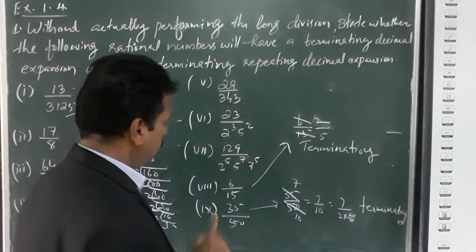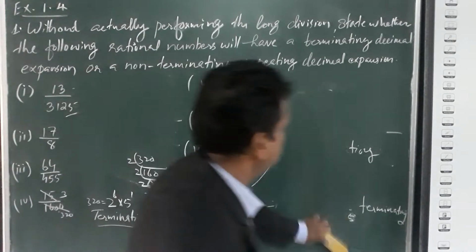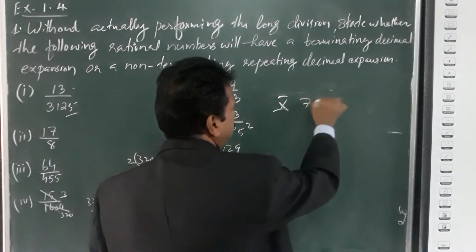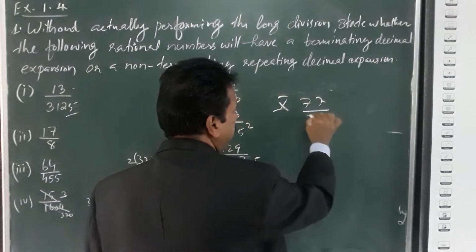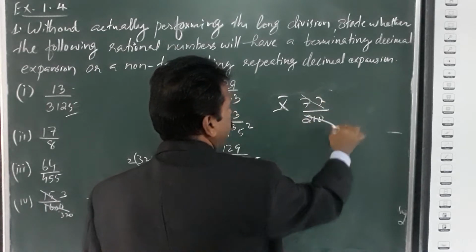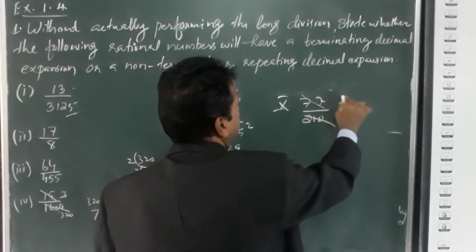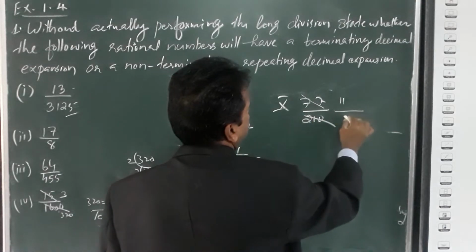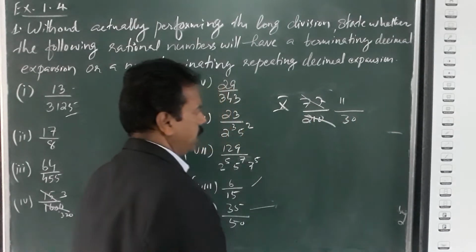Now question number 10. It is 77 by 210. The common factor is there: 7 times 11, and 7 times 30.